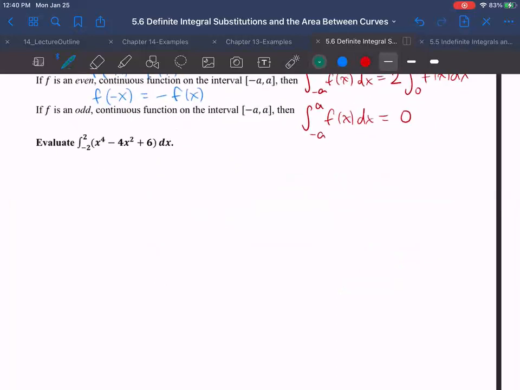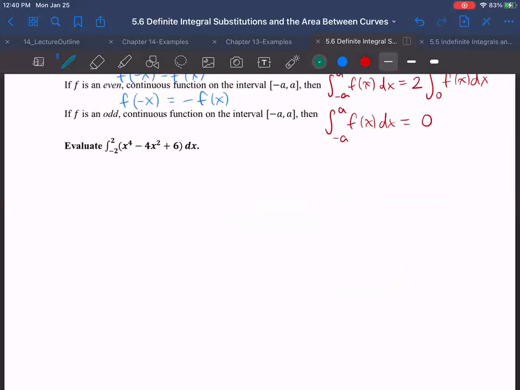Let's evaluate this integral from -2 to 2. Cool, we're going right around. So what do we want to check and see? Let's check and see if this thing is even or odd, right? Now I look at that and I say, all right, all the exponents are even. This is going to turn out to be even, but let's try it and see. So f of negative x is negative x to the 4th minus 4 times negative x squared plus 6.